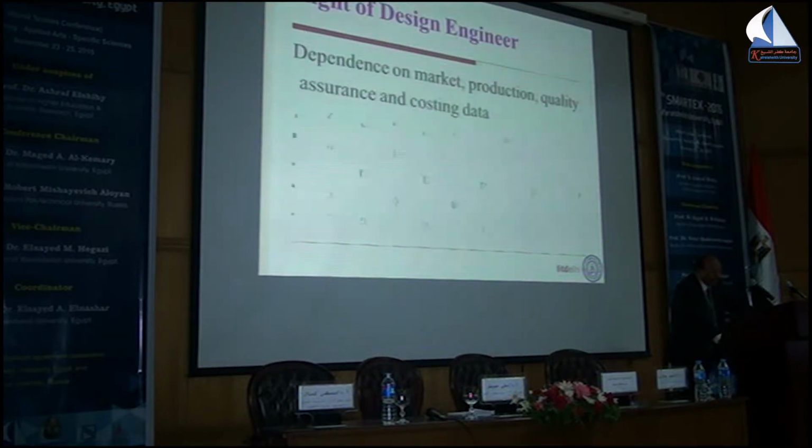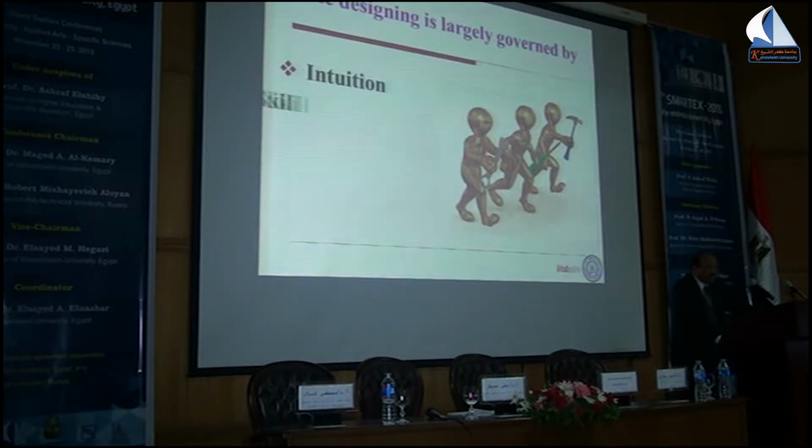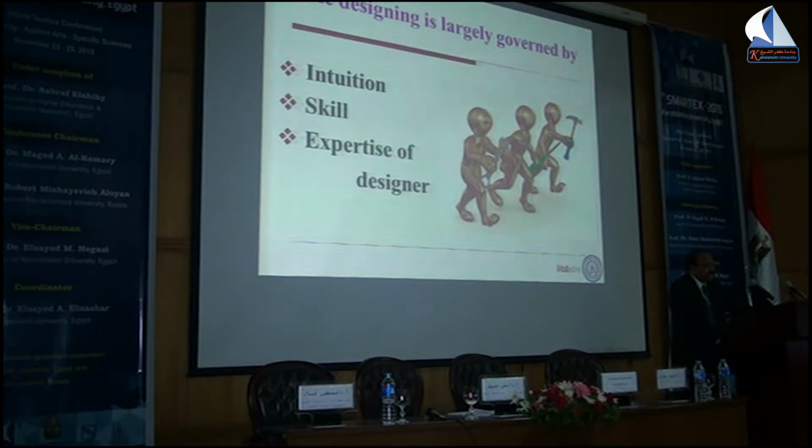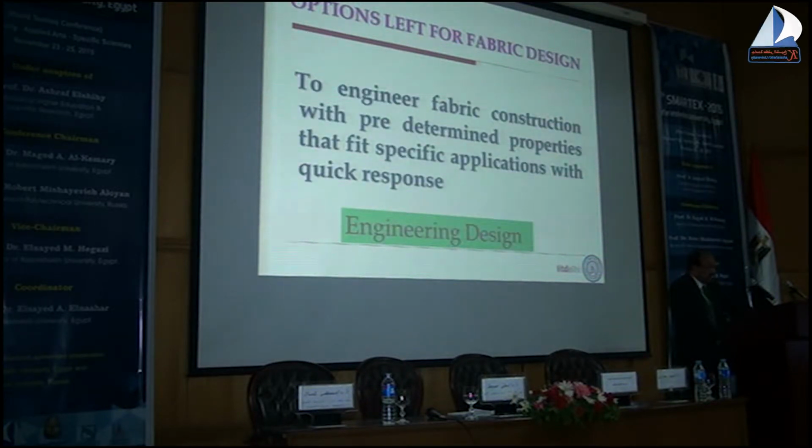But if you want to do it with a CAD system, where one can control the design parameters by developing a suitable CAD, one can also predict the properties of the fabric, particularly the hand value. So in this case, we try to avoid this hit and trial method, where we basically depend on the intuition, skill or experience of the designer, and instead develop an expert system, which is called engineering design of a fabric.